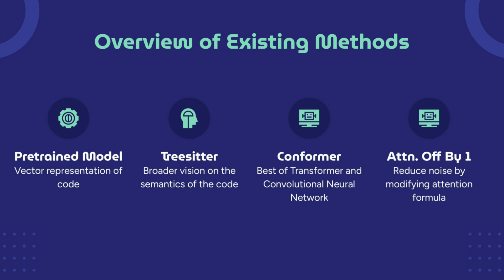The conformer mechanism merges the best aspects of the transformer architecture and convolutional neural networks, allowing DefectHunter to grasp both the minute details and the broader context within the code. Finally, it applies a tweak to the attention mechanism that reduces noise by modifying the attention calculation, ensuring that only relevant information influences the model's predictions.